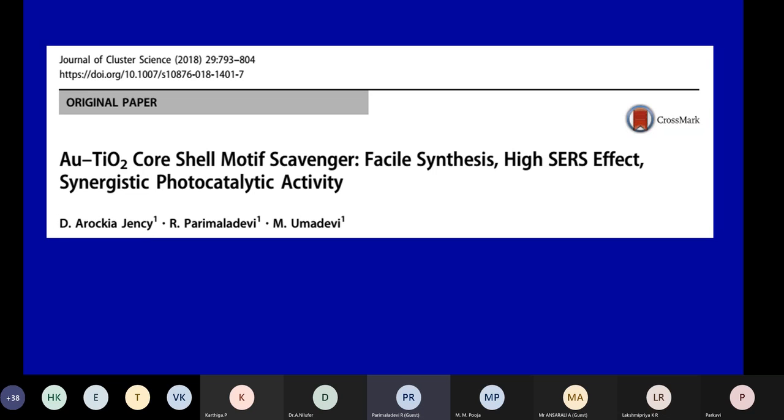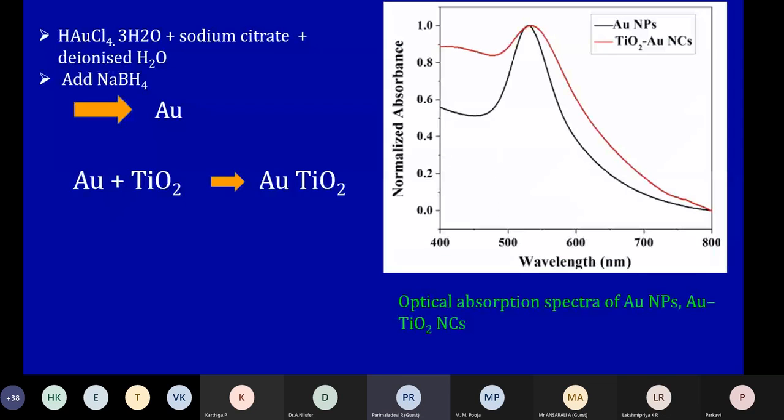So this gold titanium oxide nanocomposite has a dual function: it will detect the pollutant and also degrade the pollutant. This work was published in the Journal of Cluster Science.